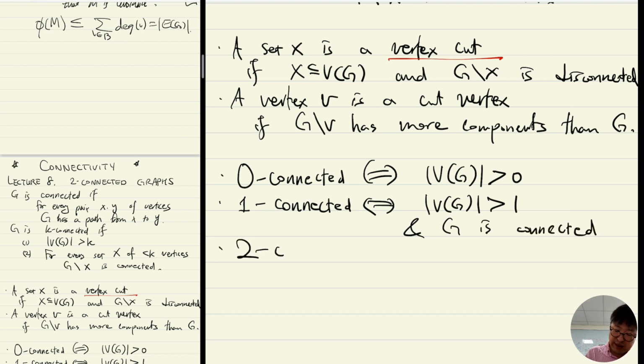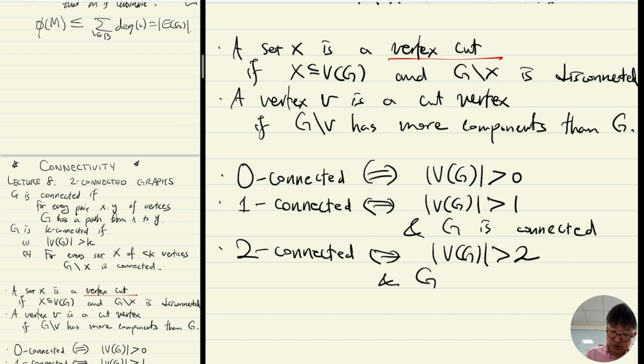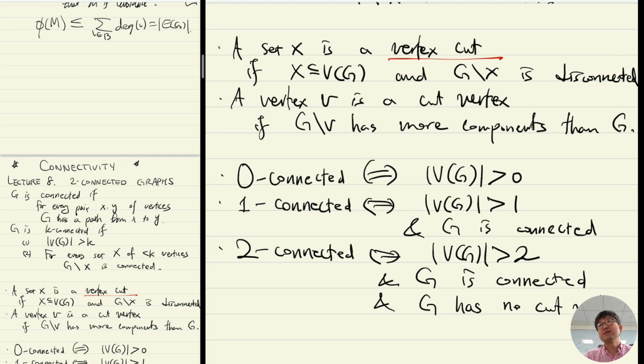How about 2-connected? The number of vertices is greater than 2, and now if we delete the empty set, then it says the graph is connected. And if you delete one vertex, then it says that G has no cut vertex. All right, this is all trivial from the definitions.